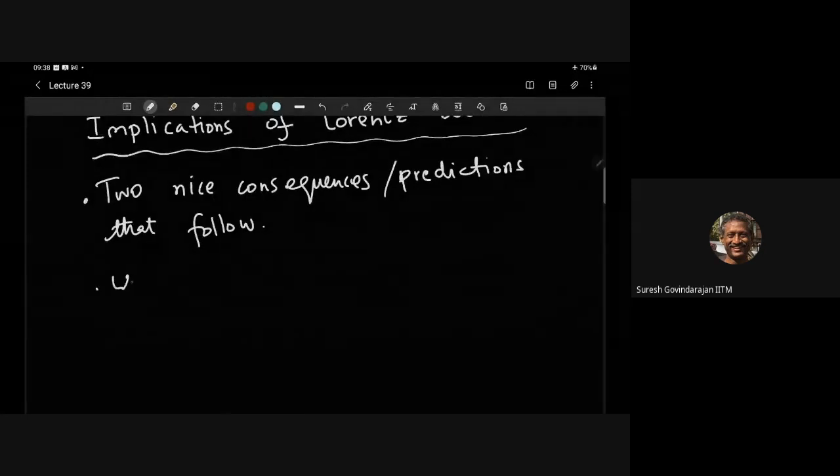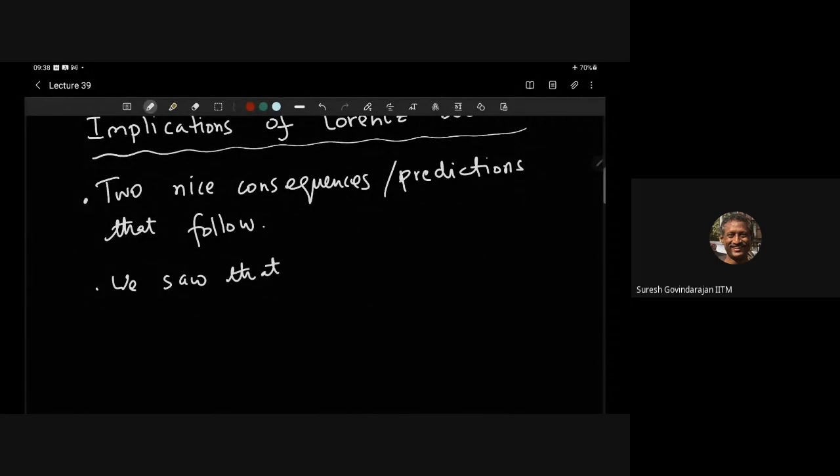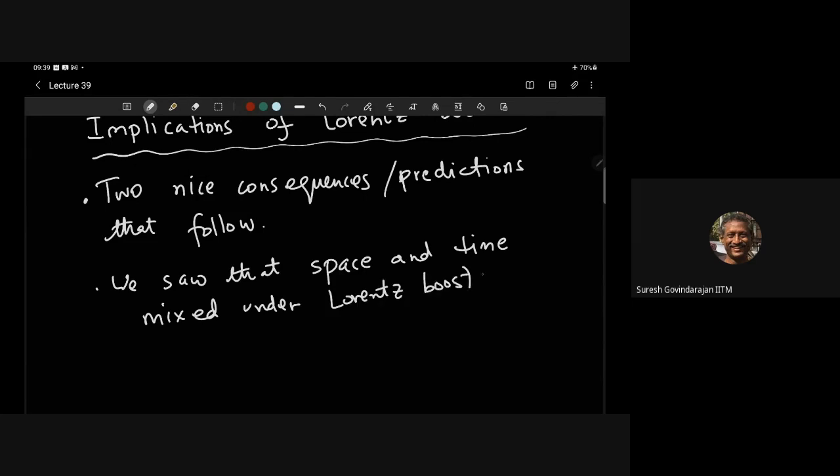The first point is that we saw that space and time mix.